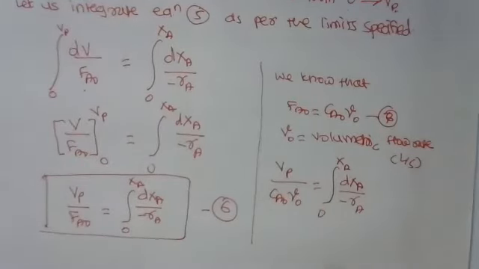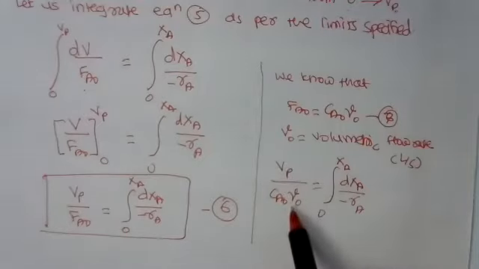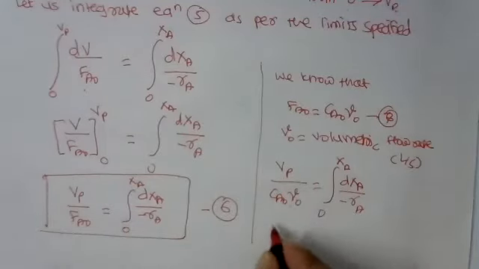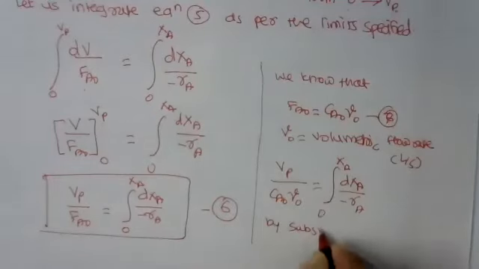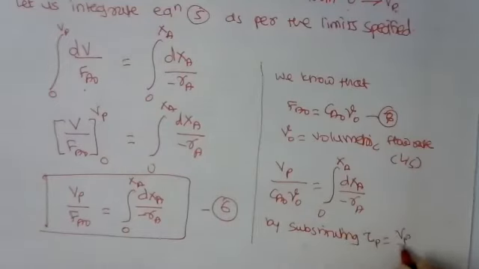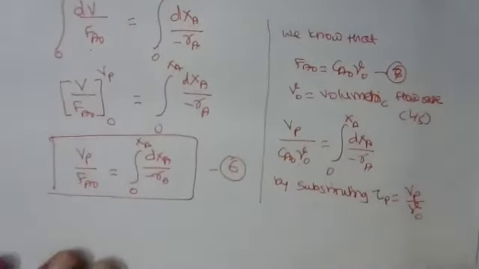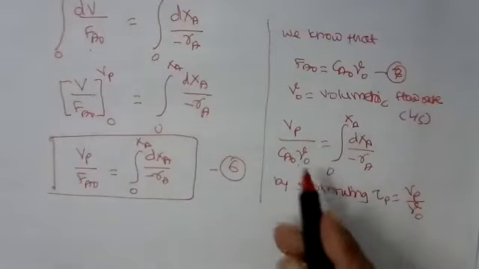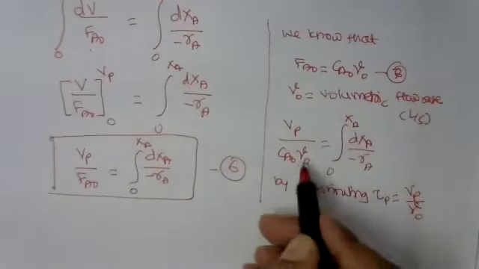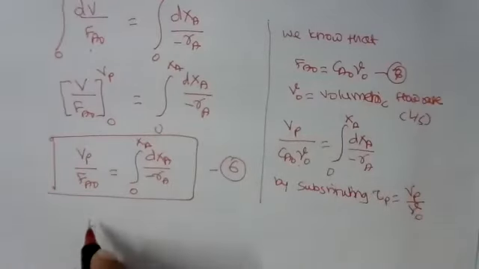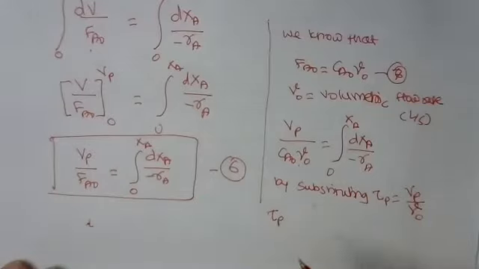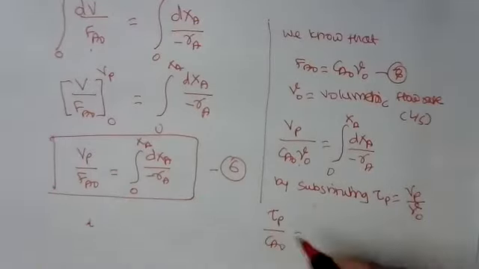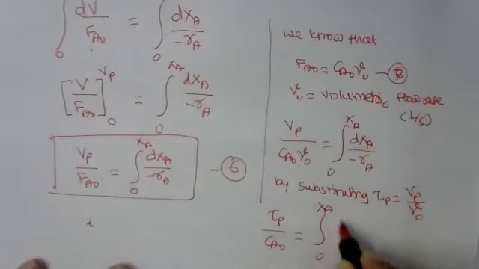Now we are aware that volume of the reactor divided by volumetric flow rate is tau, and since we are considering plug flow reactor, therefore by substituting tau p as Vp upon V0, we get the expression as, see, Vp upon V0 is tau p, so tau p upon Ca0 is the integration from 0 to xa of dxa upon minus Ra.